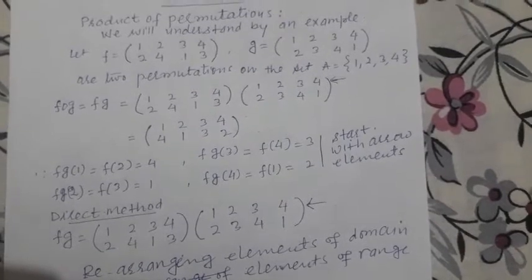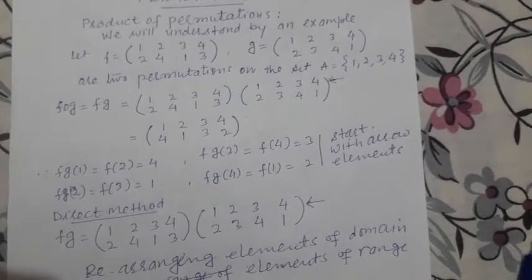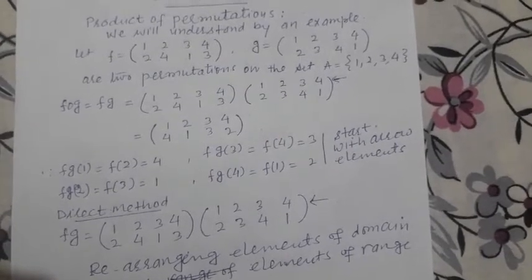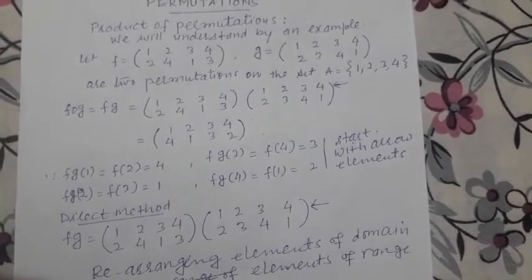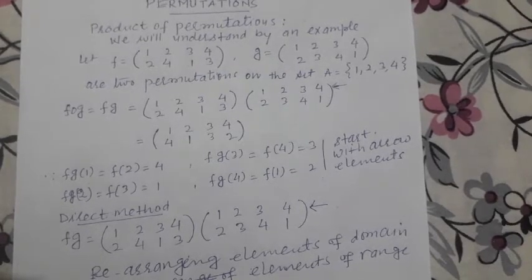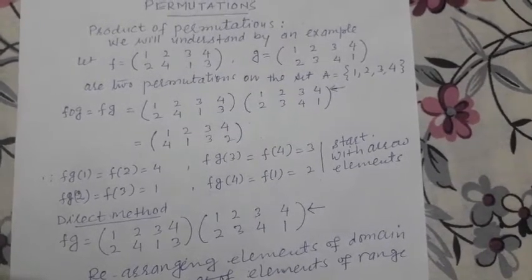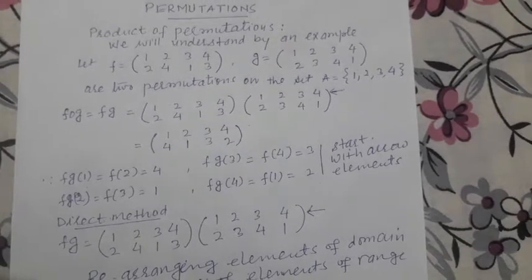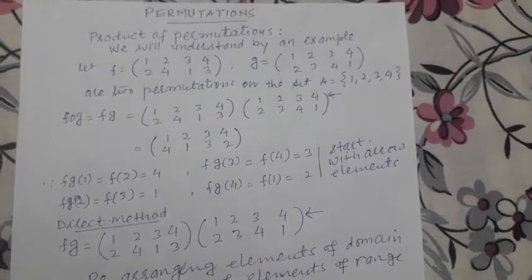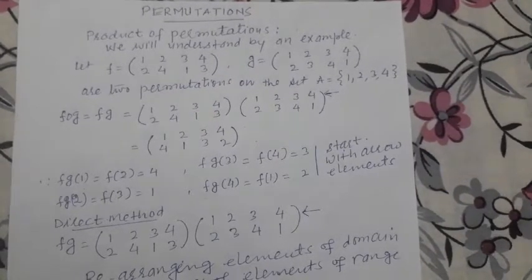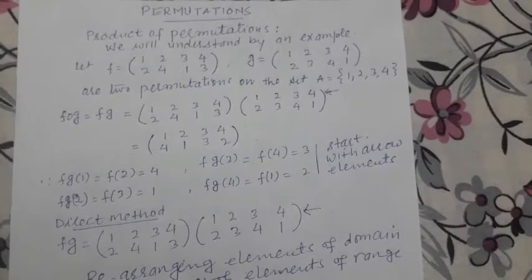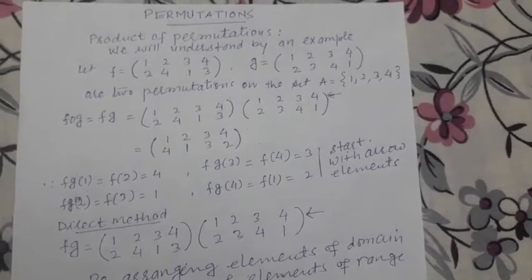It is a tricky and direct method. But exactly how can we show this? For f of g of 1: g of 1 means 2, f of 2 means 4, that is 4. So image of 1 is equal to 4, which shows the first column.